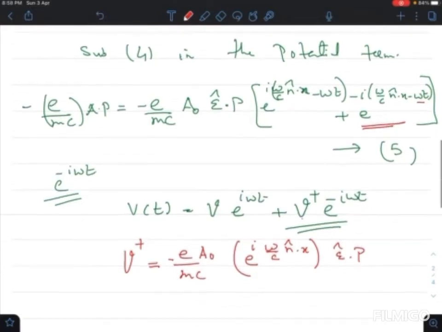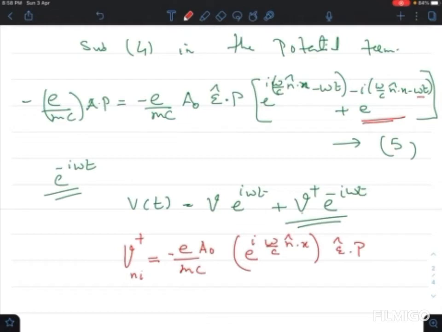So we can just tell that it is from the final state n to the initial state i, matrix element n i. So you can just put that in the bracket there.